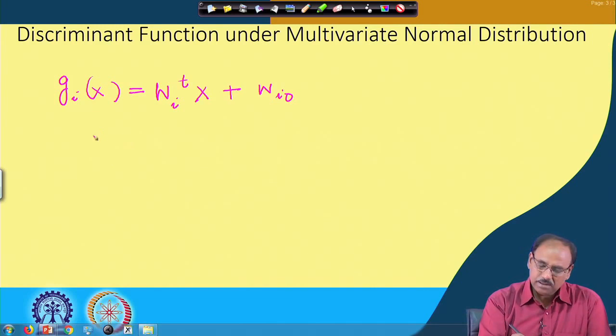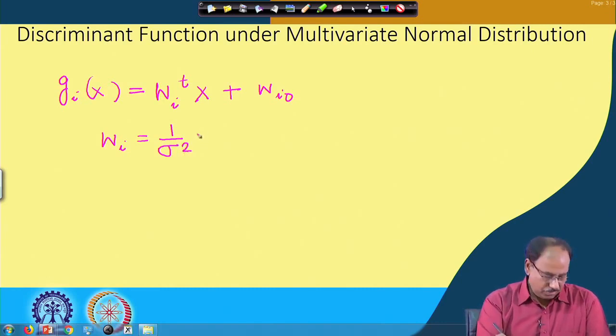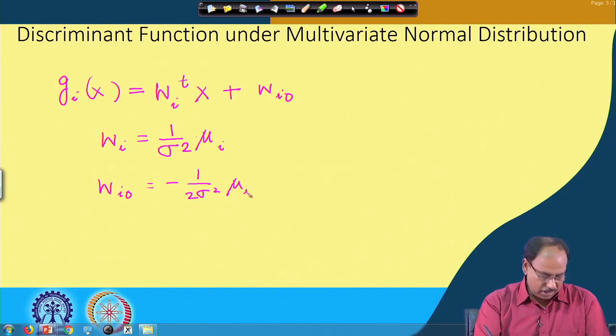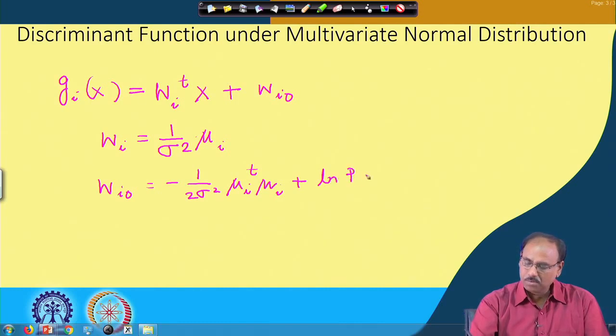We had seen that this w I is nothing but 1 upon sigma square into mu I, and w I naught was minus 1 upon 2 sigma square mu I transpose mu I plus log of P of omega I.